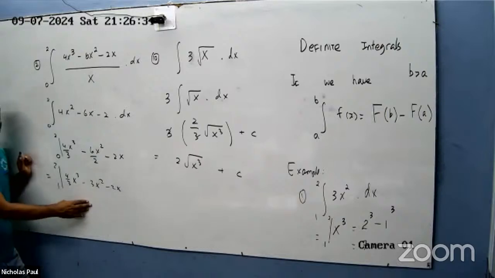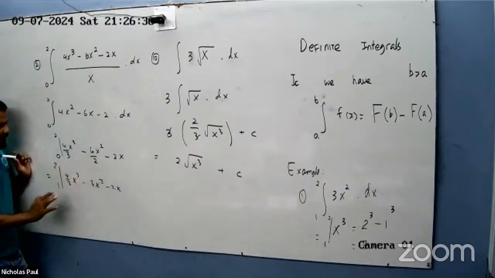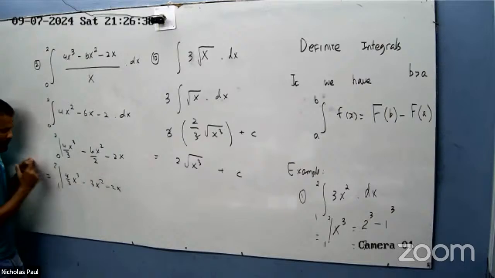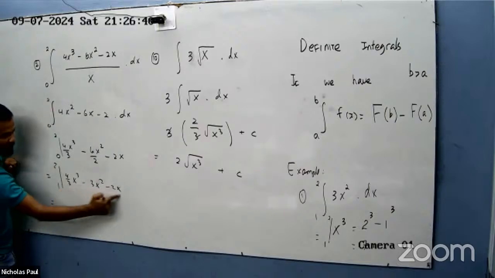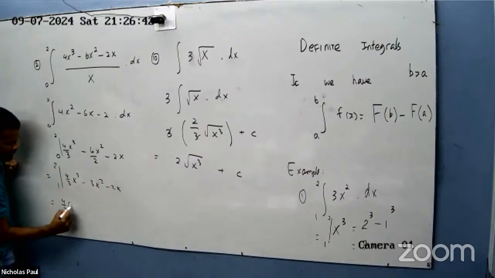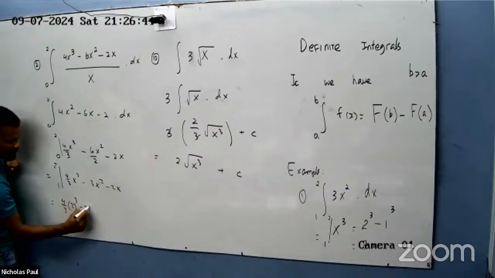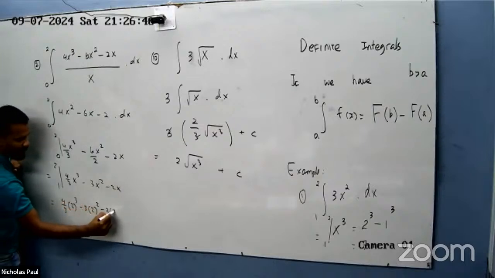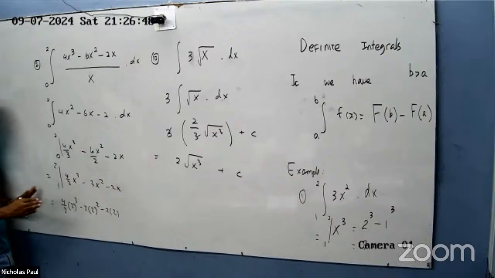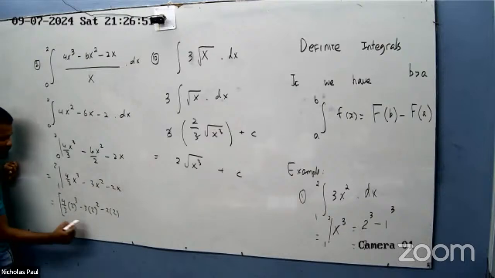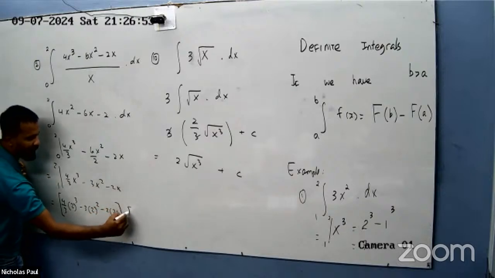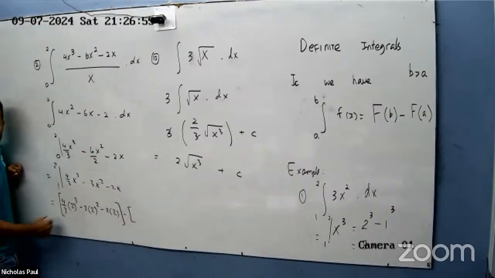Right. When you reach here, all this means is that I have to put in 2 here. So I'll get 4 over 3 by 2 cubed minus 3 by 2 squared. Right? Work out that value. And then minus plugging in 1 here.